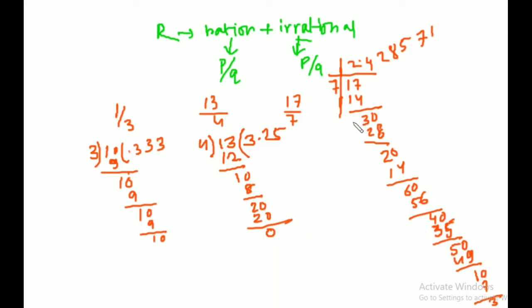So you already had 3 here, and again you have got 3 here, so you will write 3, 0, then you will take 4 here and you will get 28, then you will get 2, 0, then it will keep on like that.